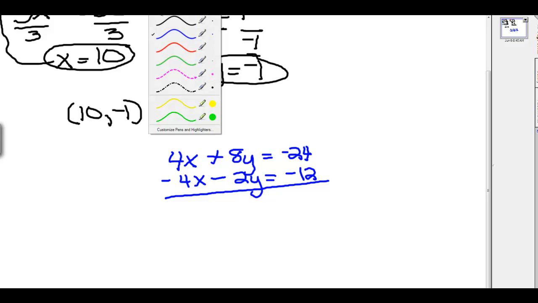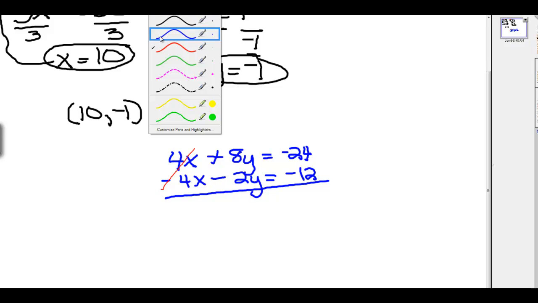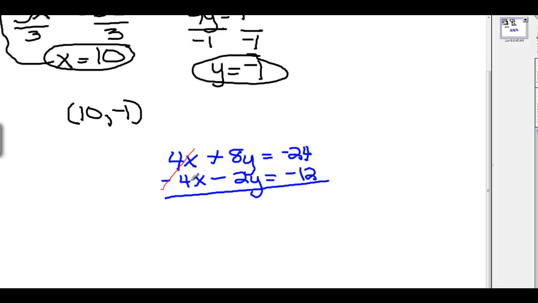And as we look at this, I can add, and the x's will eliminate. A -4 and a +4, same number, opposite signs, will add to 0. And I don't need to write the 0 down here. That's unnecessary and will give us more in the next line than we need to deal with.